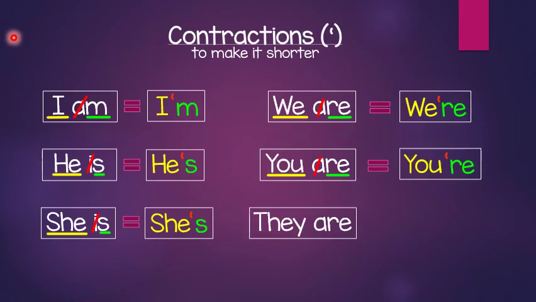The last one is they are. Again, we take the first word, they, we put the apostrophe. From the second word, we get rid of the A, and then we take the RE. It becomes they're.